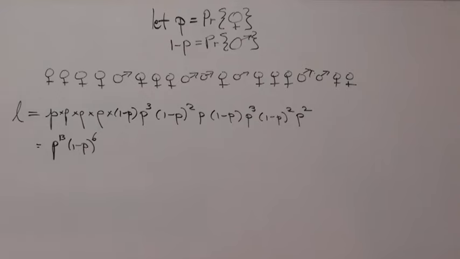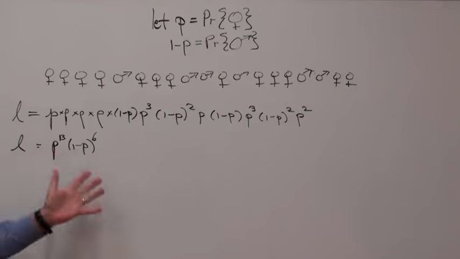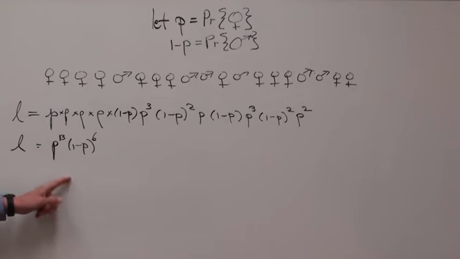Okay, now if this is the likelihood function, how can I find the value of p that maximizes the probability of getting this? In other words, what value of p could I possibly choose that maximizes this likelihood?